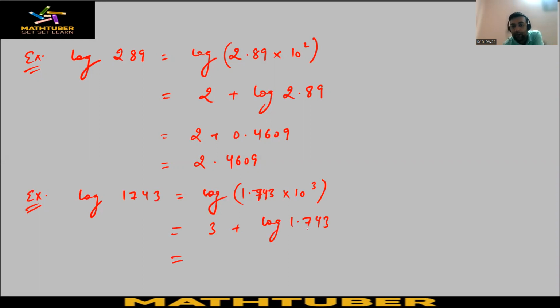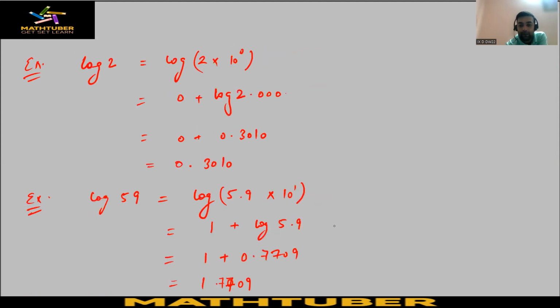So log of 1.743 means you have to find 17 first in the log table. Then you have to find the value on the fourth column, and then the third column in the mean difference also that we have to add.